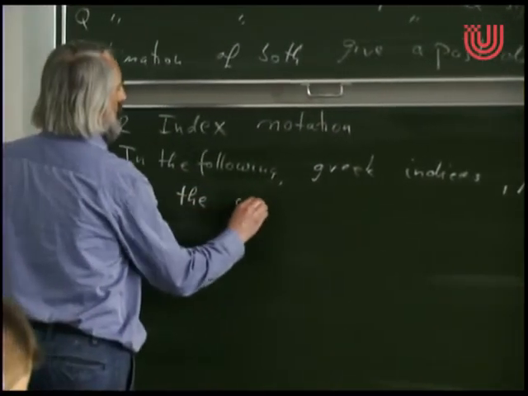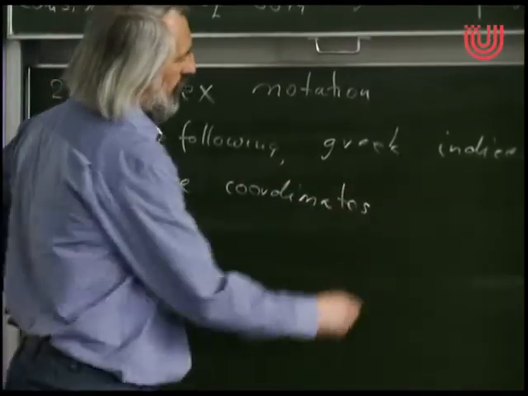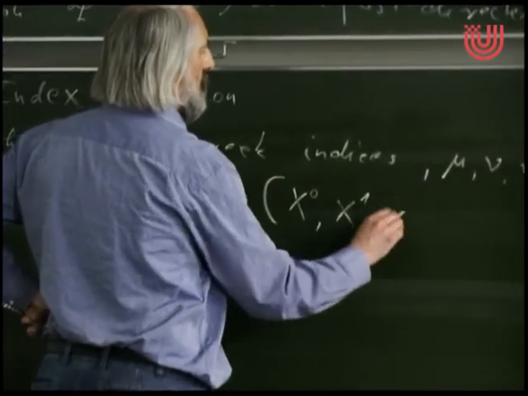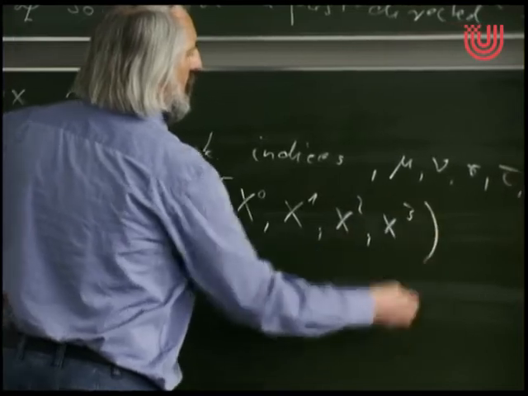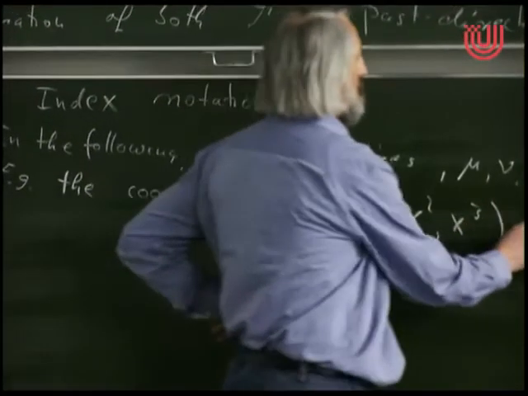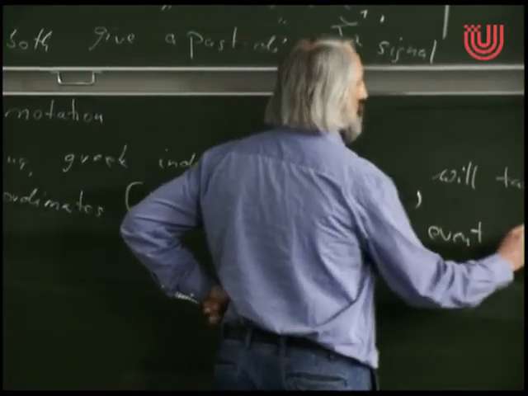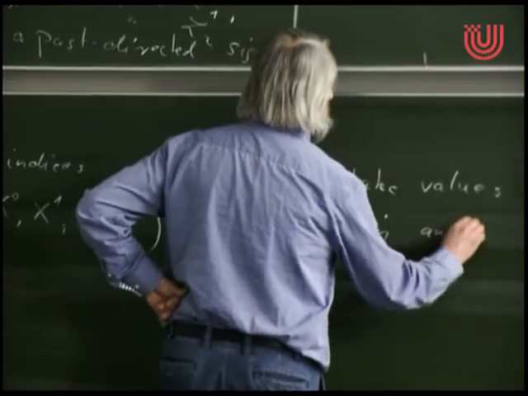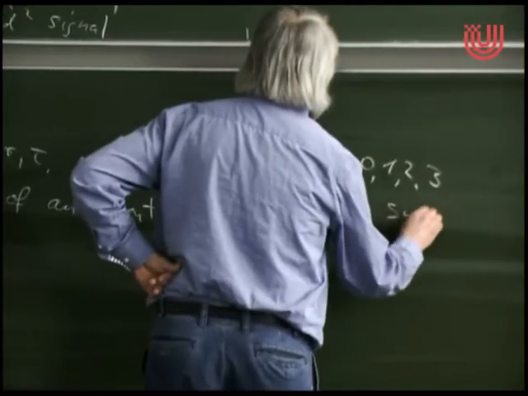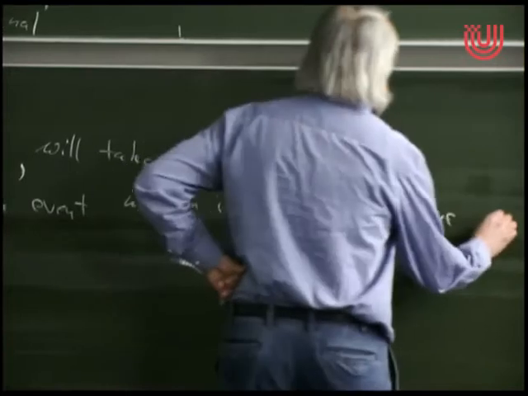So for instance, the coordinates, which up to now I have written in this rather lengthy way as a quadruple, x0, x1, x2, x3 of an event in an inertial system, are simply denoted x mu now.